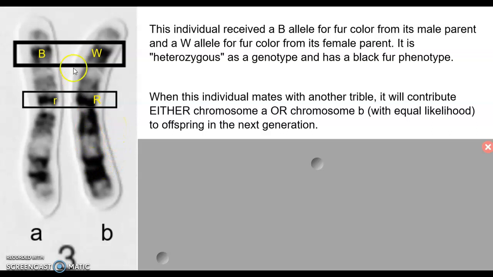This is how the passing of traits will happen: not allele by allele, but rather chromosome by chromosome. So any given offspring of this particular parent will receive either chromosome 3A or chromosome 3B from this parent.